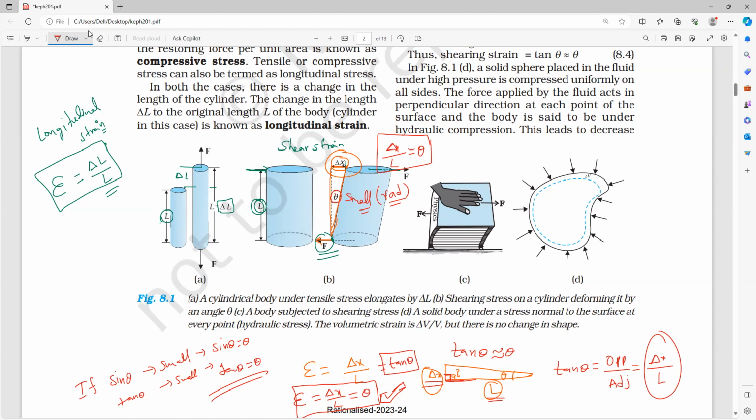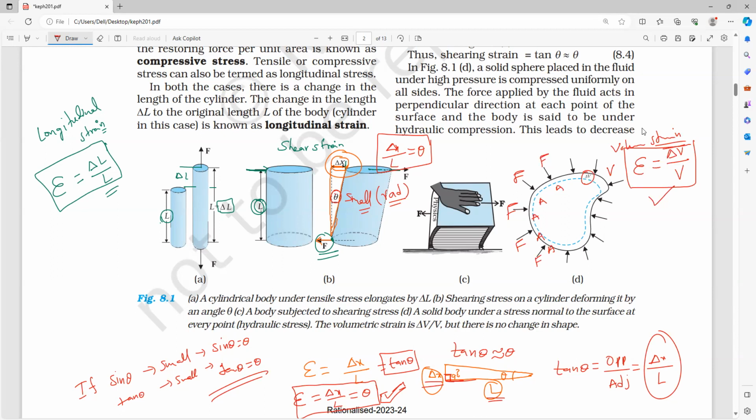Now volume strain. The initial volume is V. After compression by the force per unit area by the fluid, the change in volume is delta V. So volume strain epsilon is equals to the change in volume delta V divided by the original volume V. Change in dimension divided by original dimension is the volume strain.